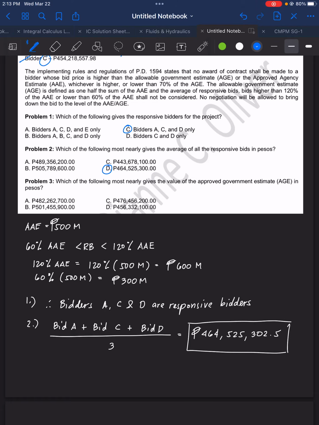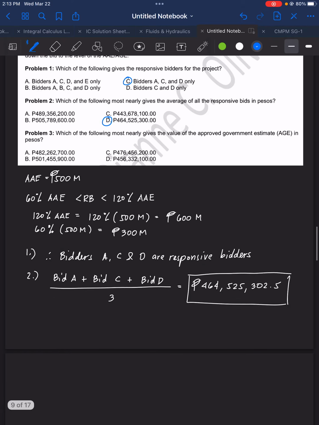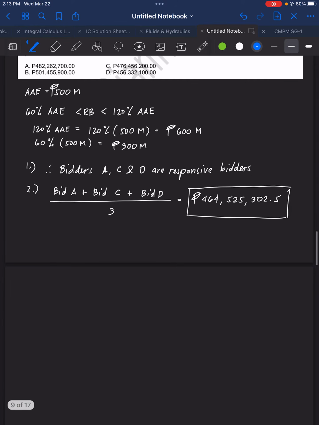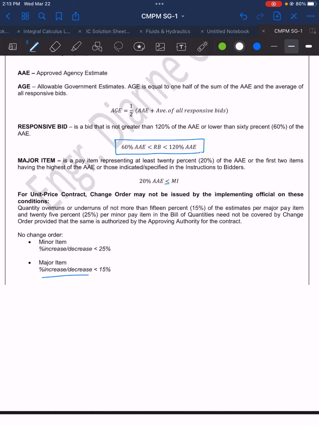Next, problem number 3, which of the following most nearly gives the value of the allowable government estimate or the AGE in pesos? So for number 3, we need to find the AGE. Then let's go back for the definition of AGE. Allowable government estimate is 1/2 of AAE plus the average of all responsive bids.